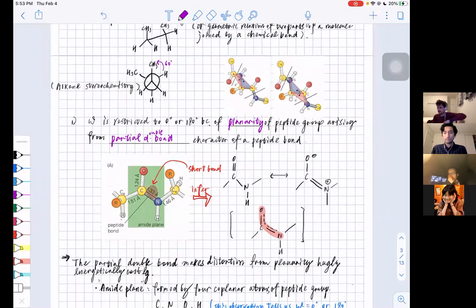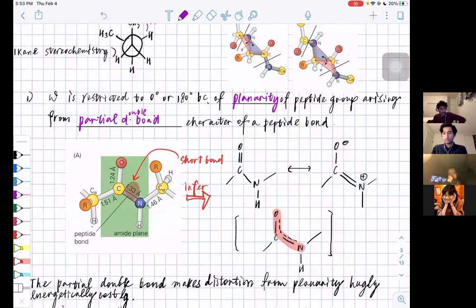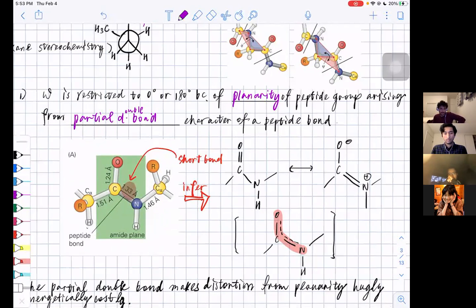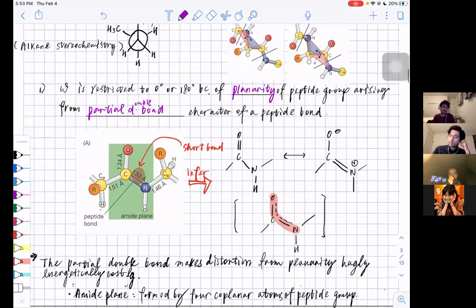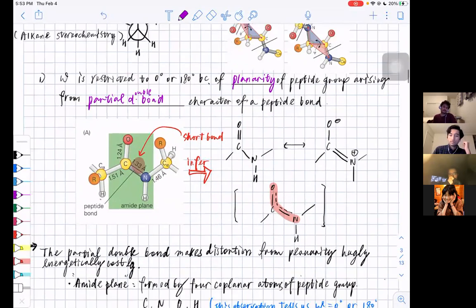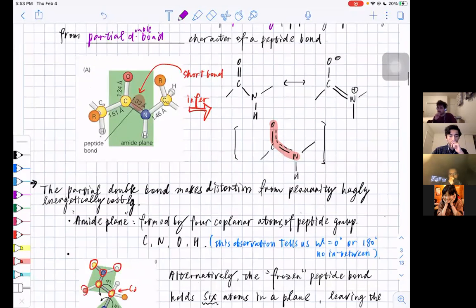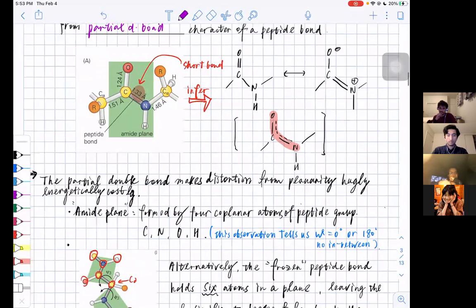We can understand this partial bond character by an observation of the peptide bond, which is shorter than other bonds, and from that we proposed a resonance mechanism that leads us to the conclusion of the partial bond character. And because of the partial bond, the distortion from planarity is hugely energetically costly.